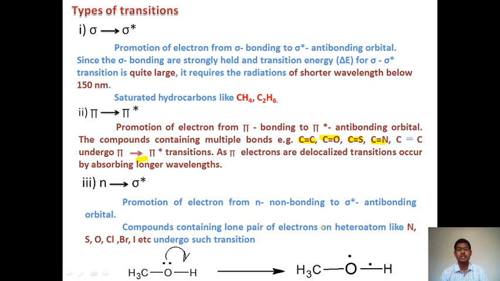That is, compounds containing lone pairs of electrons on heteroatoms like nitrogen, sulfur, oxygen, chlorine, bromine, iodine, etc. undergo this type of transition. An example is shown in this slide, in which the molecule contains a singly bonded heteroatom with a lone pair of electrons. Transition of these non-bonded electrons from the n non-bonding orbital to the sigma star antibonding orbital is shown in the figure.